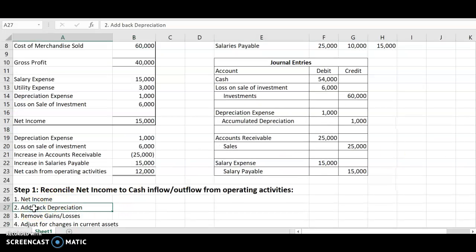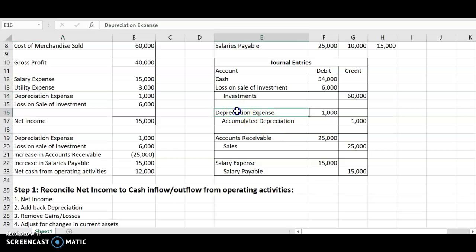Next, I'm going to add back depreciation. And let's talk about why. Depreciation expense is an expense, and it made my net income up here go down. However, it didn't have anything to do with cash.